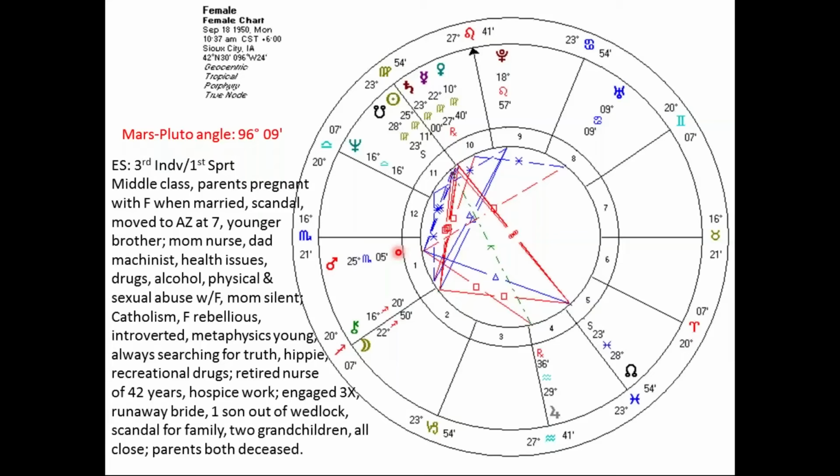So I'm wondering if that isn't part of this Mars first quarter square to Pluto. The Mars Pluto polarity point is here in the third house at 19 degrees Aquarius.